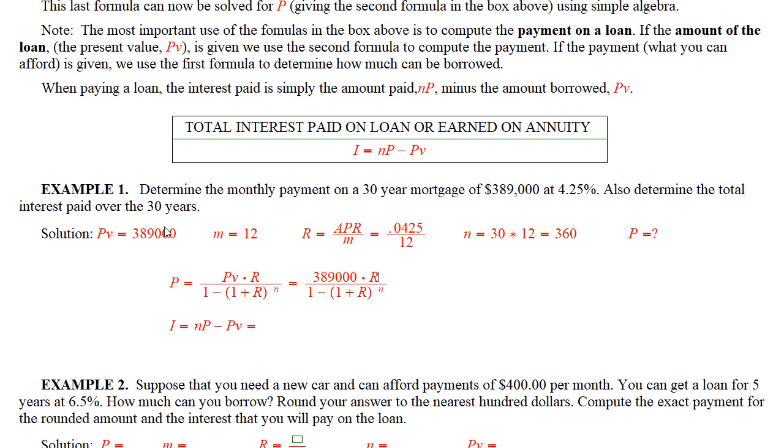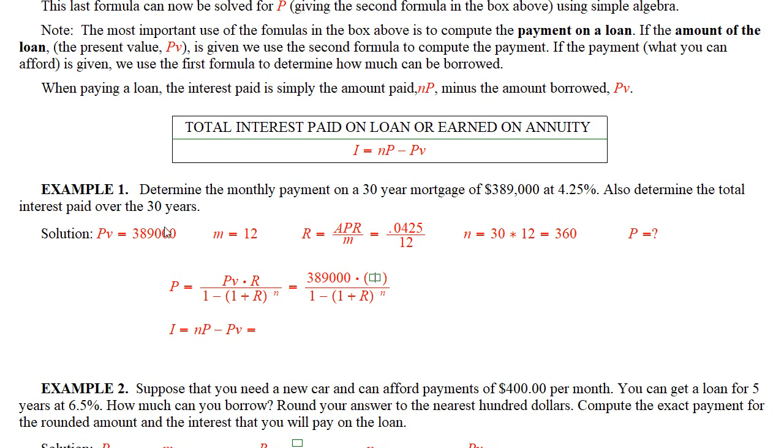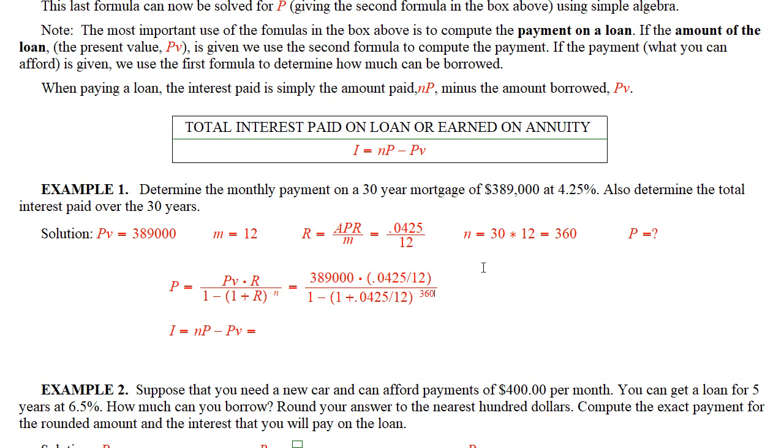And then R is our 0.0425 divided by 12. And then we've also got that down here, 0.0425 divided by 12. And then the negative n power right there is going to be negative 360.